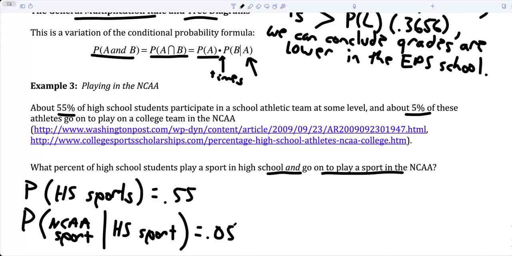Okay, so back to the formula. The general multiplication rule says the intersection of those two things is going to be the probability of the first thing times the probability of the second thing, B, given the fact that the first thing has already happened. Okay, so writing this out.